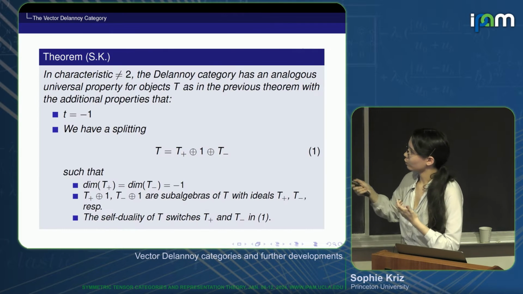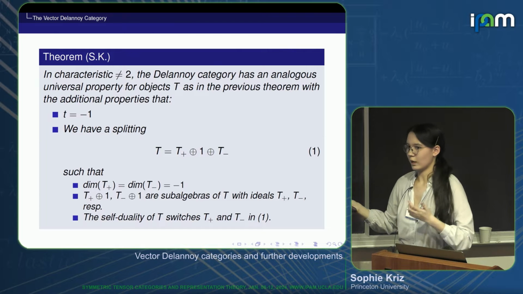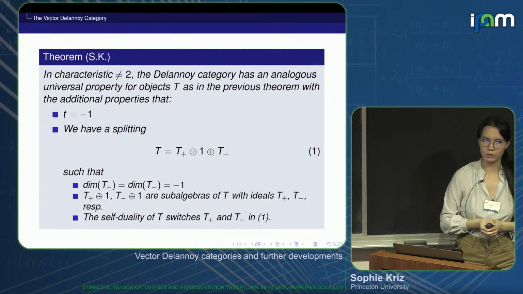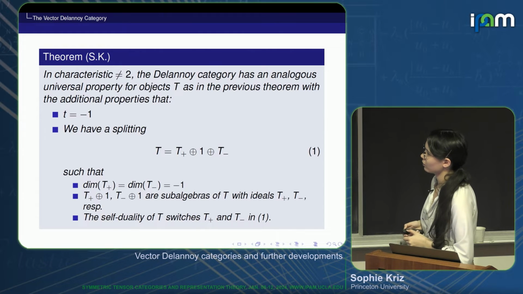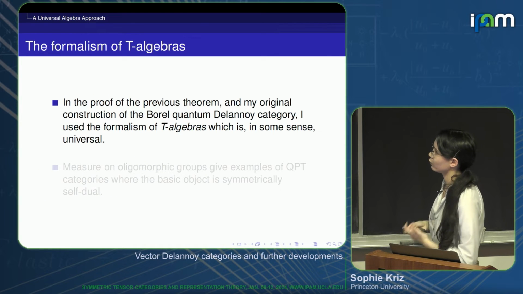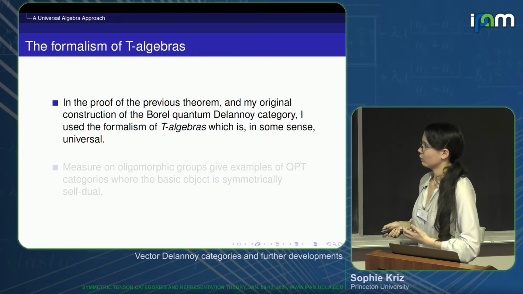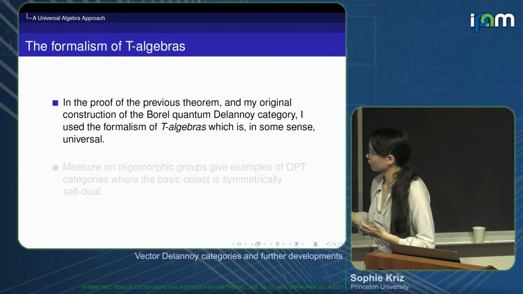But the way that I proved the theorem like this, and actually the way that I originally constructed these vector Delannoy categories, was not using oligomorphic groups, and it was instead using this more universal algebra type approach, which I call the formalism of T-algebras.